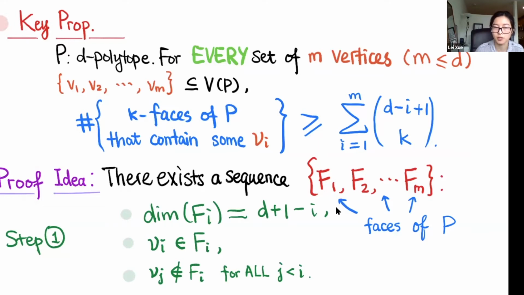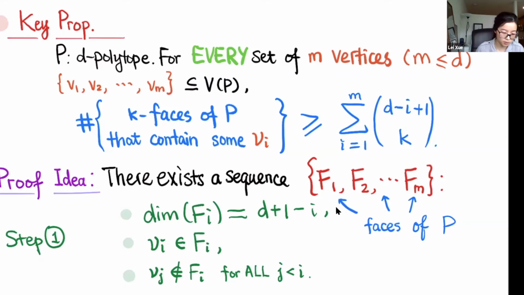That will force F1 to be P, right? There's a unique d face of a d polytope. And F2 will be a facet. So the dimension will decrease one by one. And for each i, I need Fi to contain the vertex Vi, but not any previous vertices, right? Not any Vj that comes before Vi.